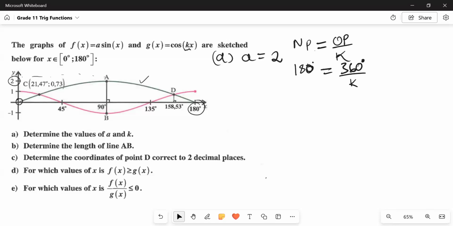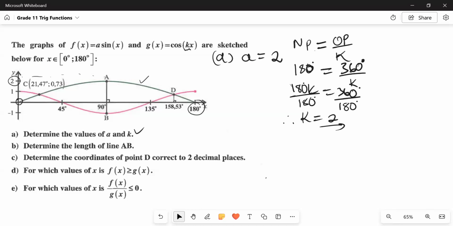Now you can multiply both sides by k, and then you'll have 180 k equals 360 degrees. And then you divide both sides by 180. And therefore your k is equal to 2. So which means your k is equal to 2. Now we've answered this question. I believe that you understood.